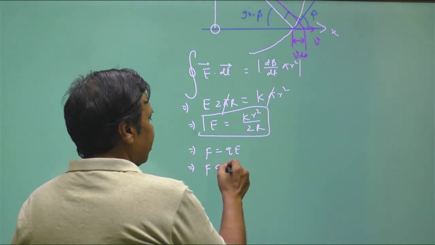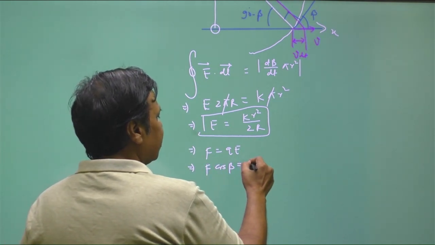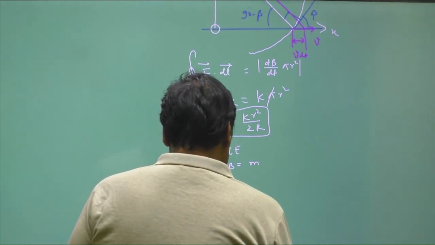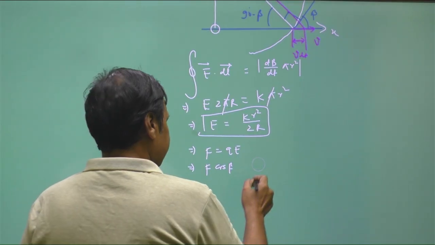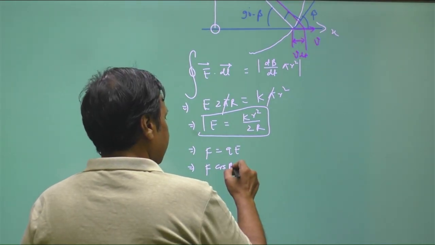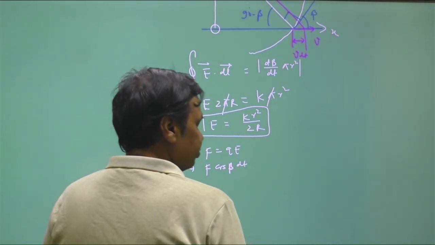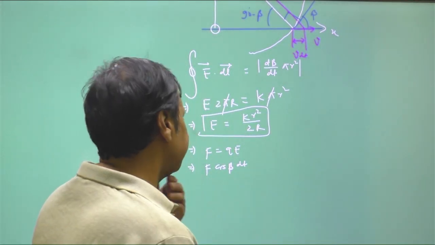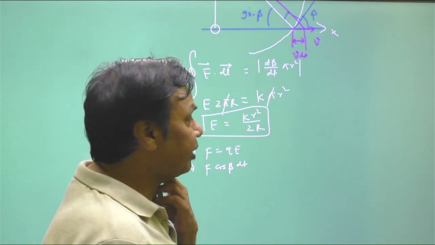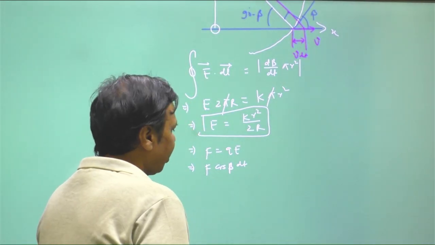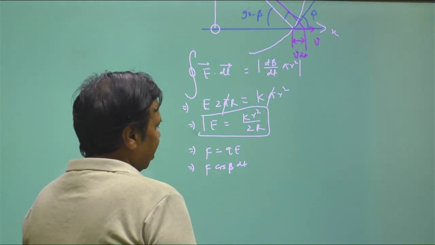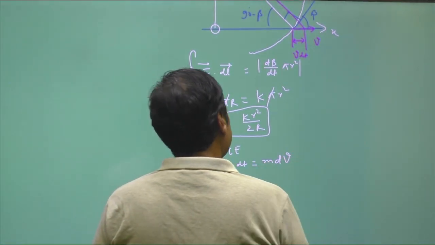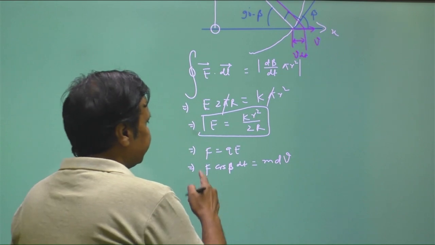So I'm going to write the impulse momentum theorem: F cos beta dt equals m dv. F cos beta is just the force component. We need to multiply by the small time interval dt in which we are talking about, and this will be m dv.